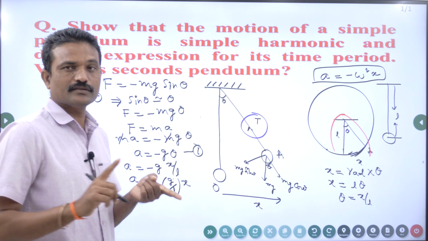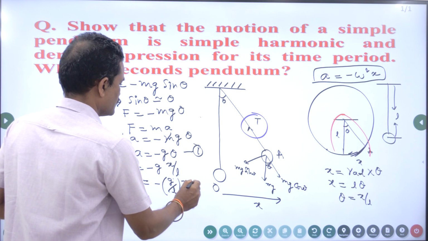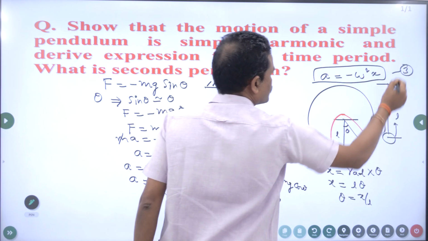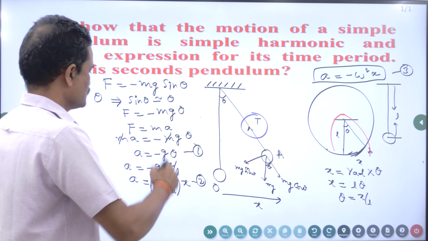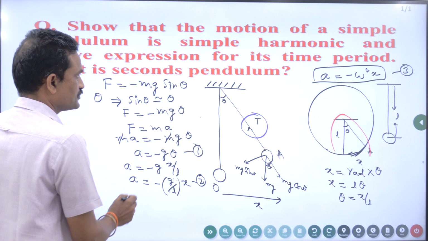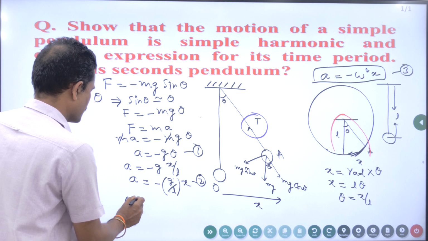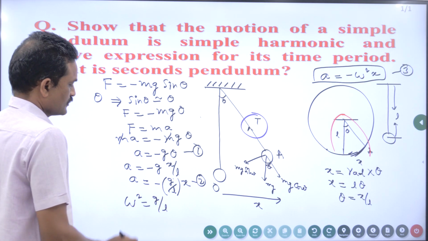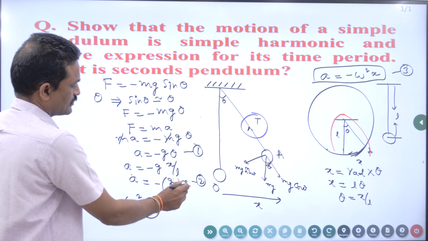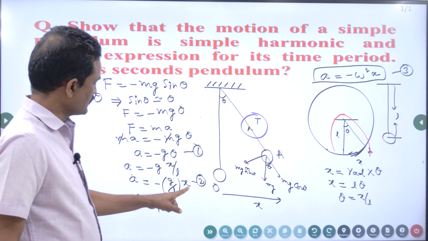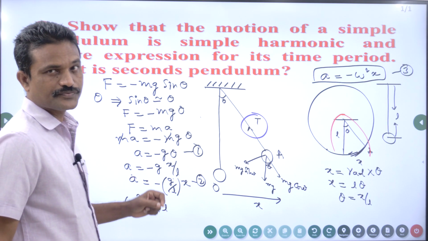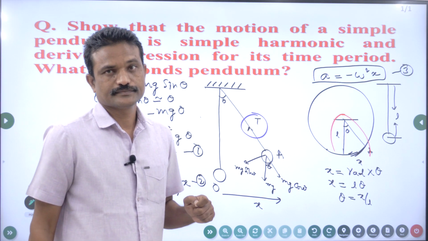When I compare equation number 2 and the standard SHM equation number 3, I can conclude that omega square is equal to g by L. So here acceleration is directly proportional to the displacement and in the opposite direction. So this satisfies the condition of SHM.